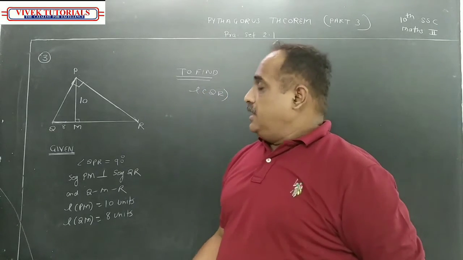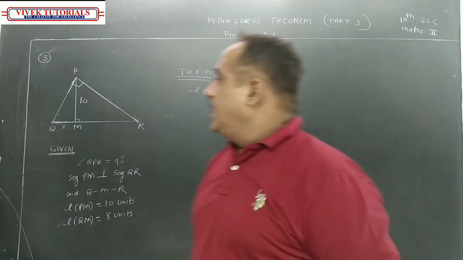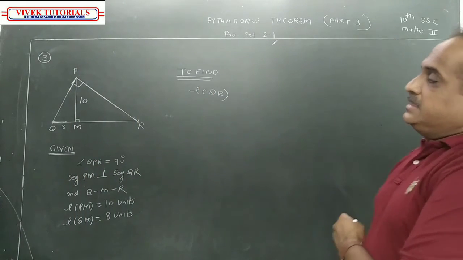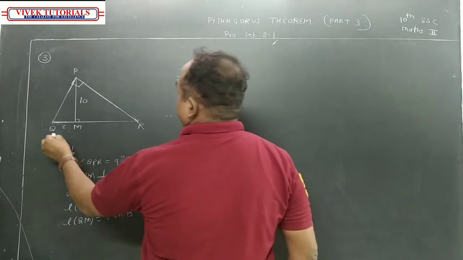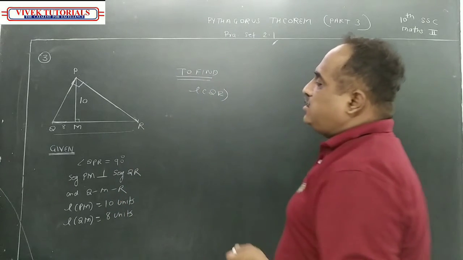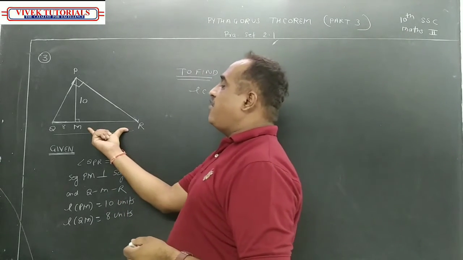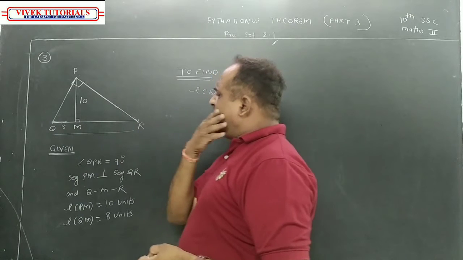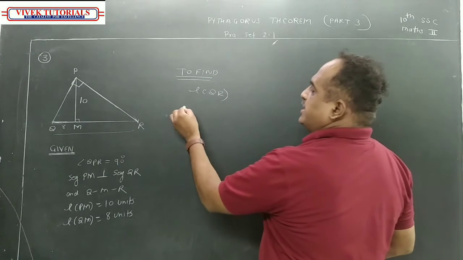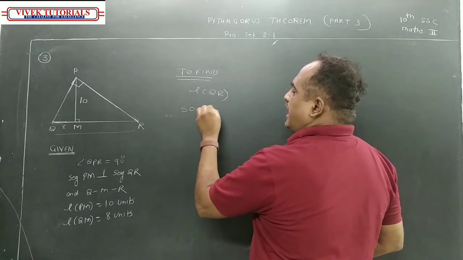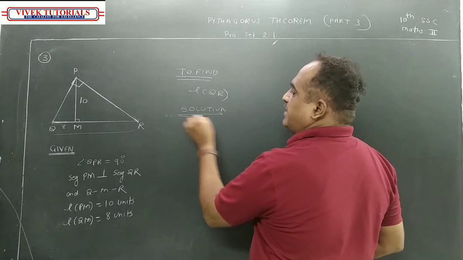So, see once again, in this question, they have asked you QR. So it is difficult to find out QR, but you can easily find out MR. Then we can easily get QR. Okay? So solution, like the previous question only, we are going to do the same thing.